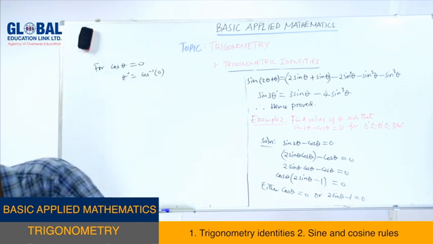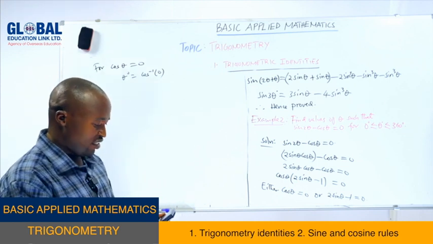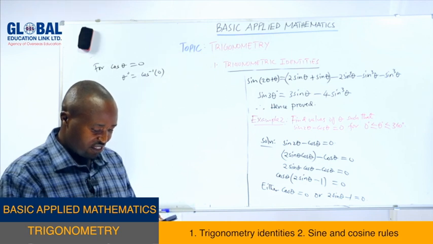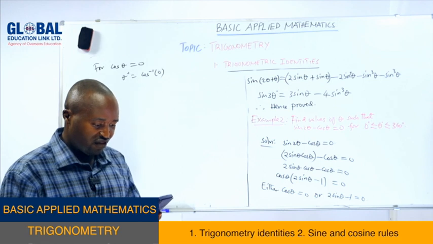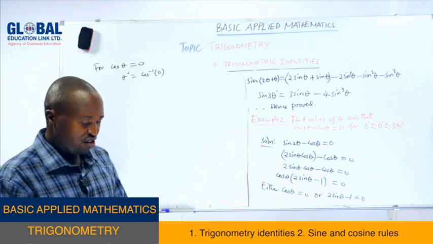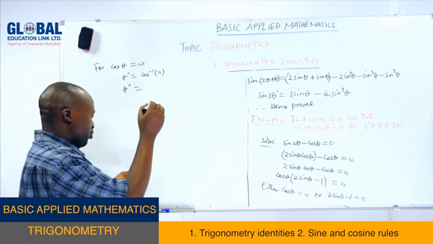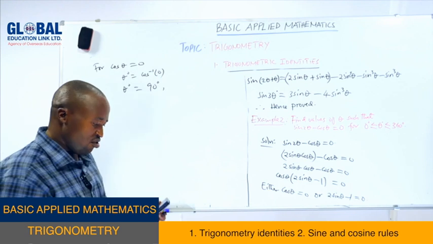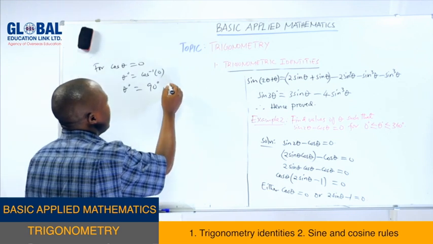So by using your scientific calculator, that is cos inverse of 0, theta will be equal to 90 degrees, or the next angle will be 270.